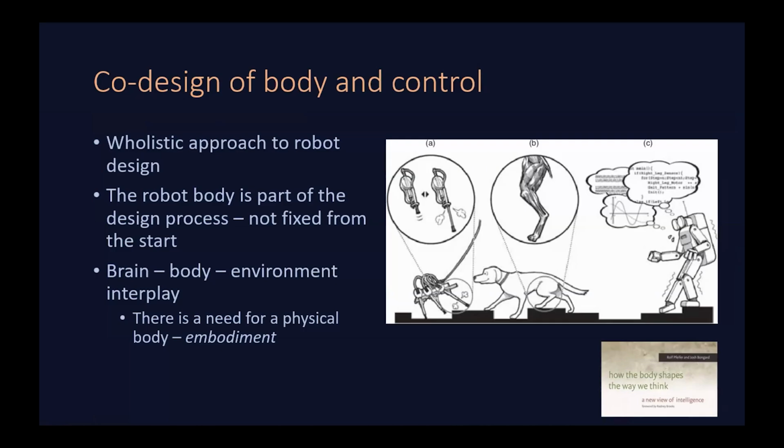And of course, a great inspiration for us has been this book by Rolf Pfeifer and Josh Bongard on how the body shapes the way we think, which nicely outlines, it's recommended reading, how we would like to go away from these very engineered fixed platforms where you need to do a lot of computations to achieve locomotion, and it's not so stable and robust.